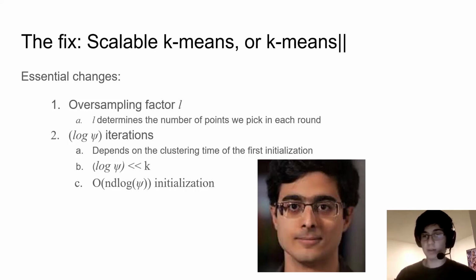And then, instead of iterating k times over the dataset, we iterate log psi times. By reading the paper and doing some experiments, you see log psi is much, much less than k. And you end up with a runtime of nd log psi, which is much faster than k-means++.